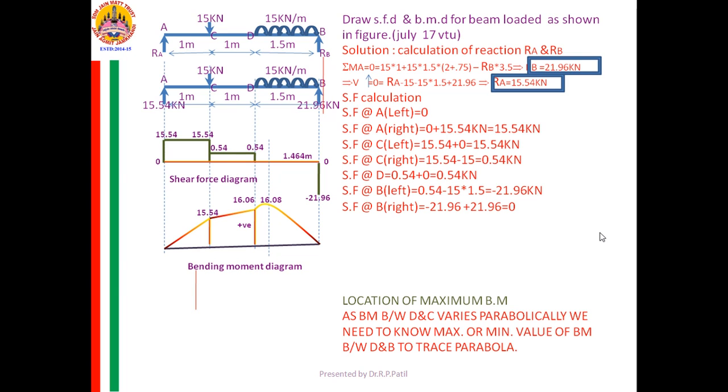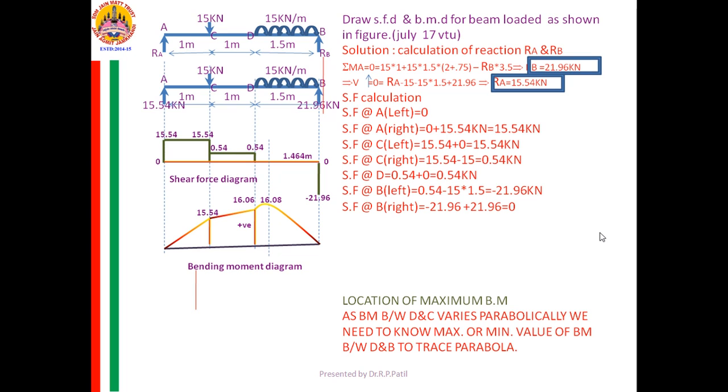First I am seeing the load on it. Load there, if I say at D 1.5 kilonewton per meter run, in between D and B, everywhere it is 1.5 kilonewton per meter run. It is not dependent on where that section is.